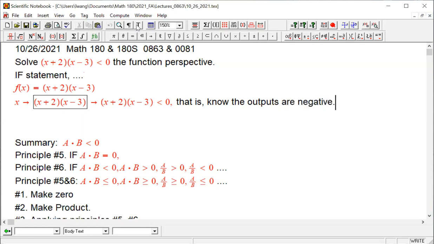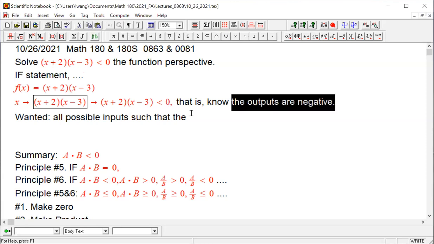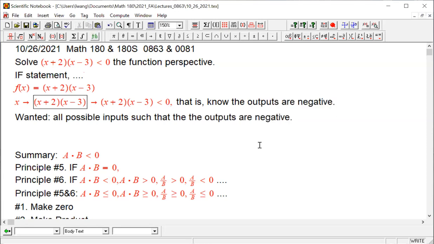You have many outputs. And what do we want? We want to find all the possible inputs such that the outputs are negative.